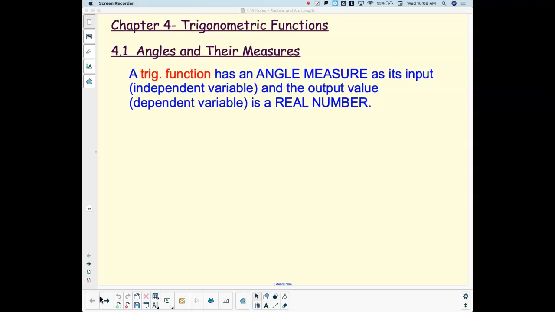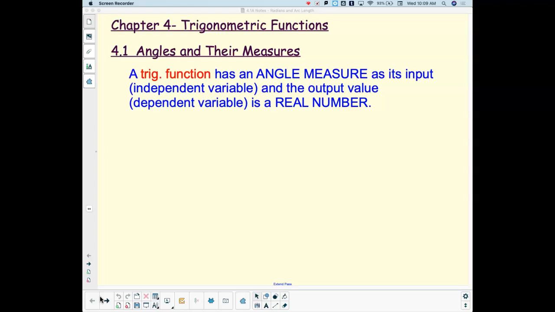So, we're going to be talking about trig functions. A trig function has an angle measure as its input. So the angle now is the independent variable. And the output, the dependent variable, is a real number.